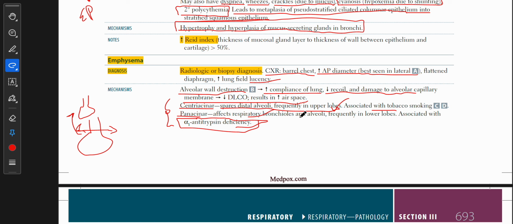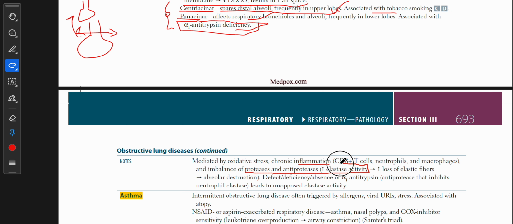Let's go into the continuation of obstructive lung disease. So actually, emphysema is mediated by oxidative stress, chronic inflammation, CD8 plus T cells, neutrophils, macrophages, and imbalances of proteases and antiproteases. That is an increase in elastase activity, and that leads to a decrease in elastin protein, and that leads to, as I said, loss of elastic fibers. So alveolar destruction is there.